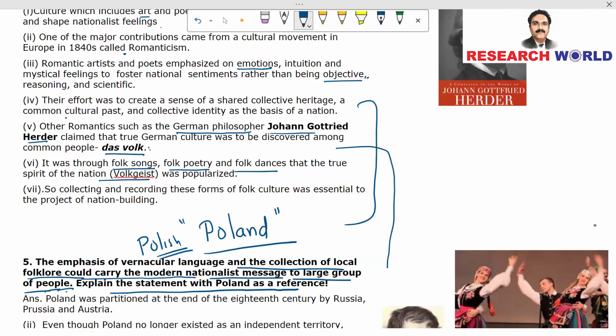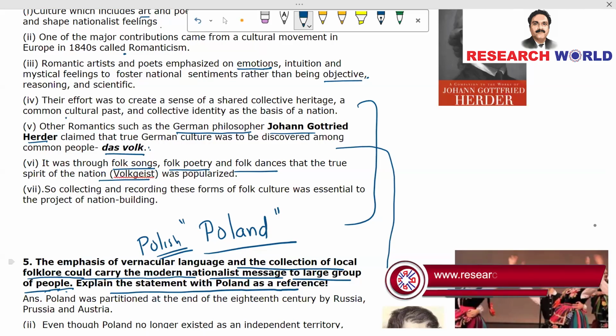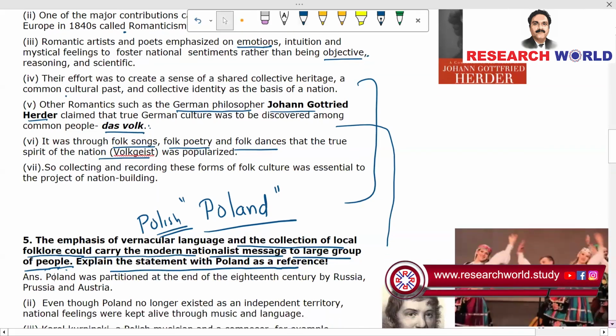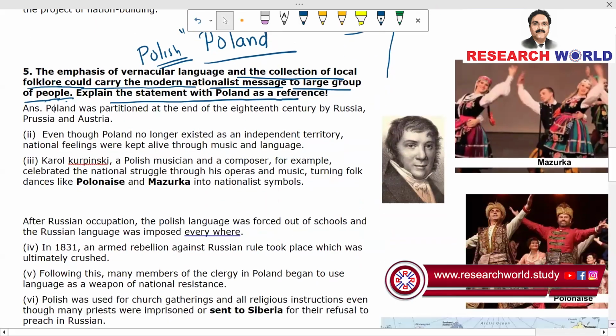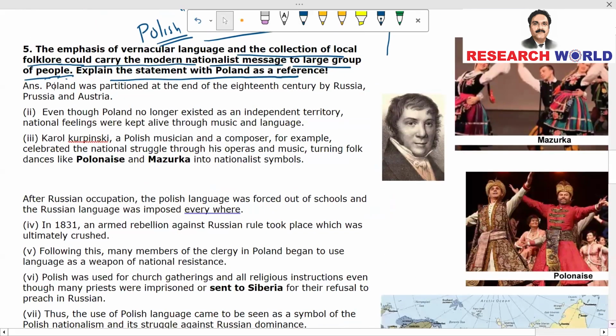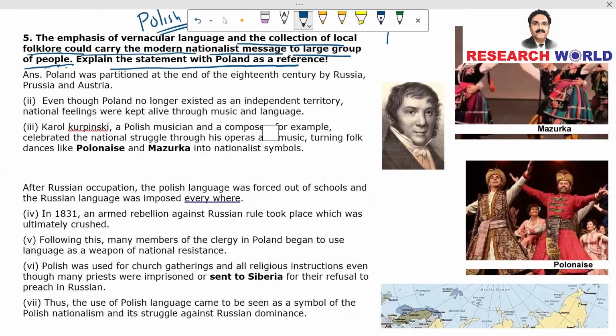Okay, now let's see the most important points which should be discussed under this question, or which should be mentioned in the answer.